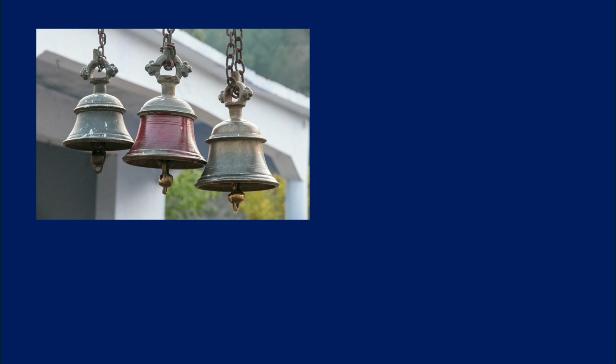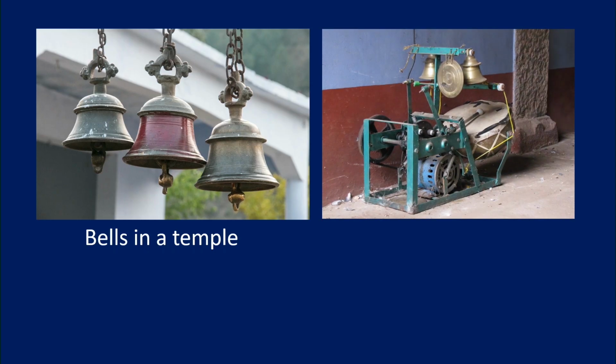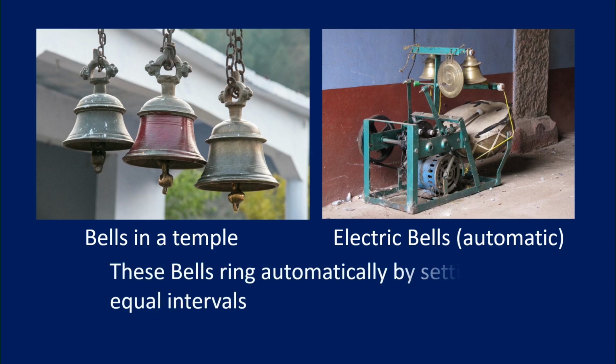Look at this picture. What are these? These are bells in a temple. Now look at this picture. What is this? Have you seen this one anywhere? This is an electric bell. Automatically it rings. These bells ring automatically by setting equal intervals.